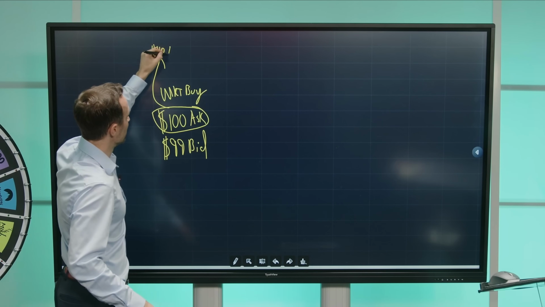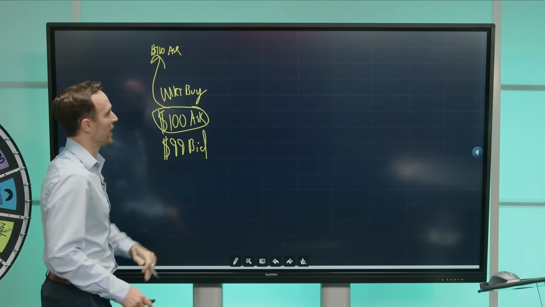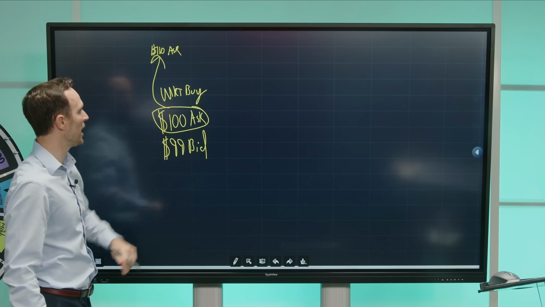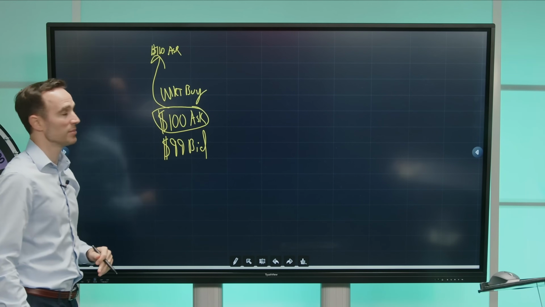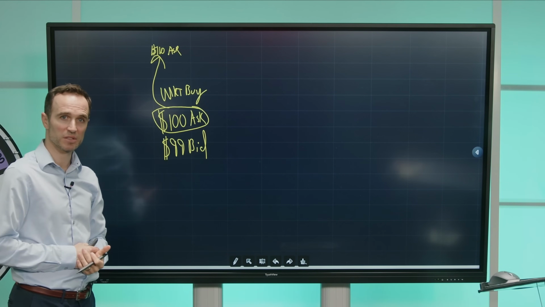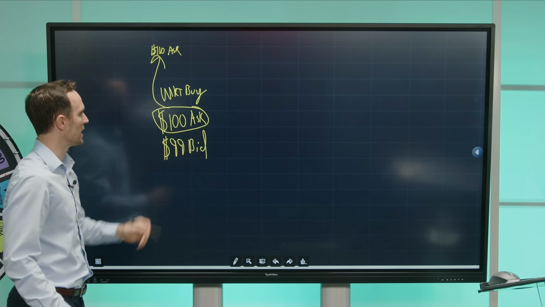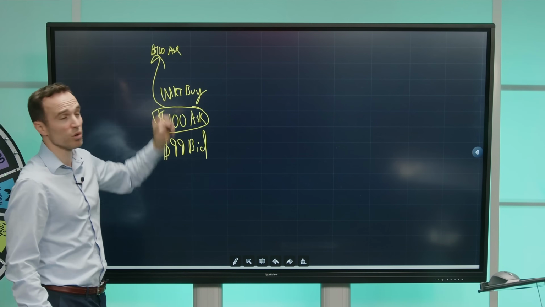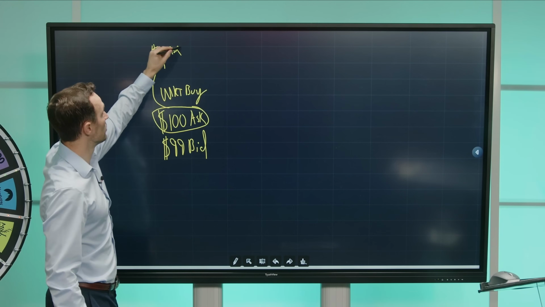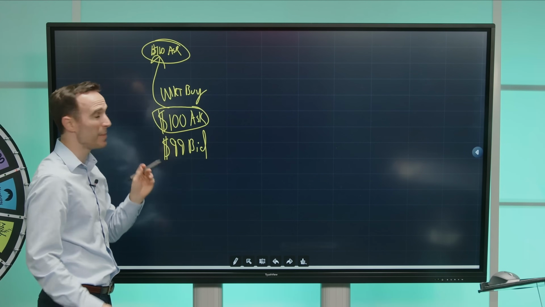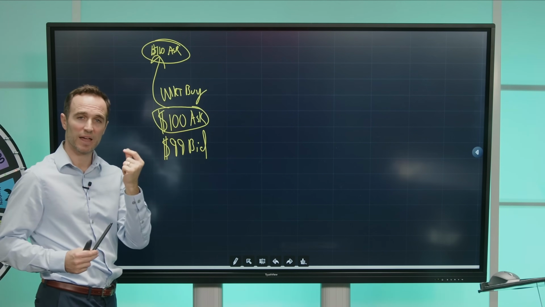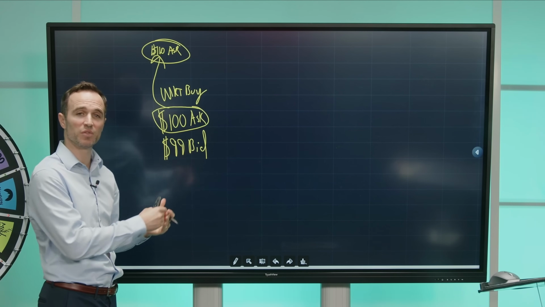Now the new ask is $110. And if you put a market buy in at the same time that this ask comes up to $110, when you still have bidders at $99, your order will get filled most likely at the ask, $110. So you'll immediately be out of the money $10 as soon as you get filled.